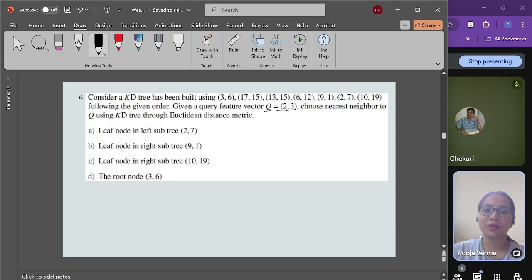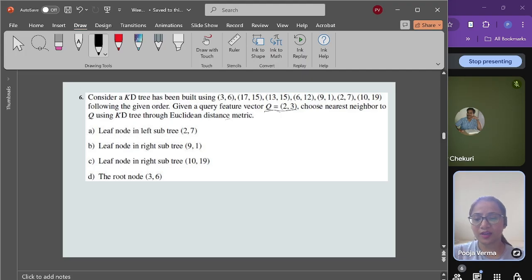Okay. So here first we need to put the 2D, the two-dimensional. It is given in the two-dimensional only, so you can see the 2D. So these points are given. Now we need to find out the nearest neighbor using this Q, the query feature vector, through Euclidean distance. Okay.